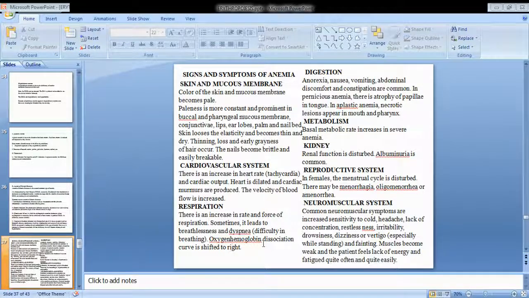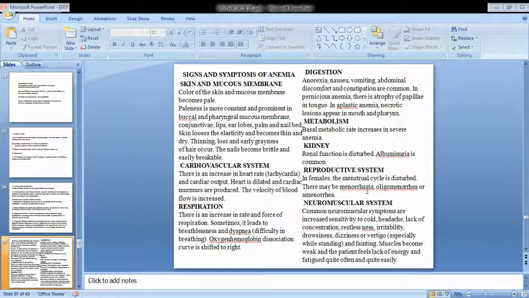The oxygen hemoglobin dissociation curve is also affected. Digestion: when the person is suffering from anemia, there can be nausea, vomiting, abdominal discomfort, constipation, everything will happen. Metabolism also gets severely affected. There will be kidney failure, the reproductive system gets affected, and it will lead to menorrhagia, oligomenorrhea, amenorrhea.